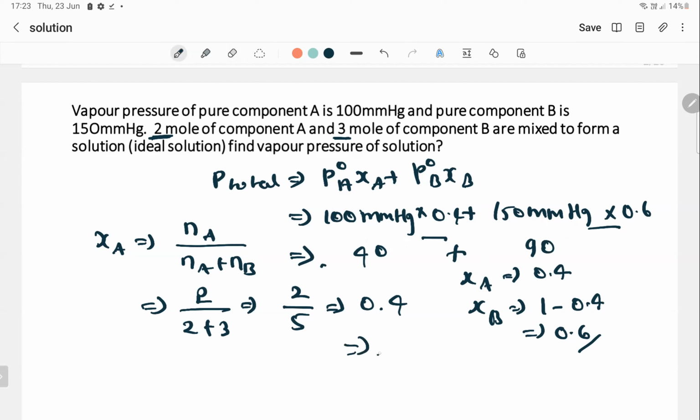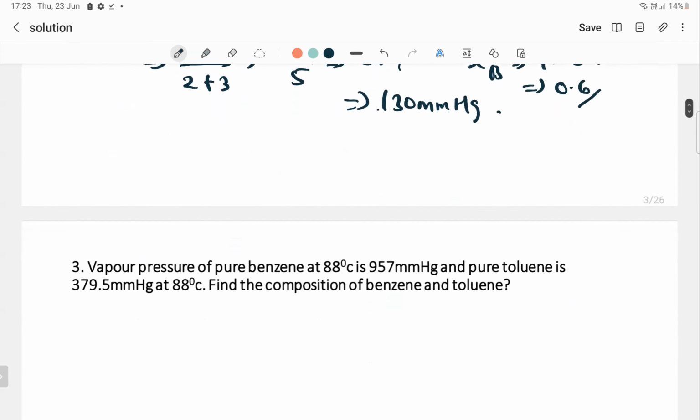So totally your answer is 130 mmHg. Clear? Got this thing? So shall we try the third problem? Third problem is a little bit complicated. Okay. Try this thing.